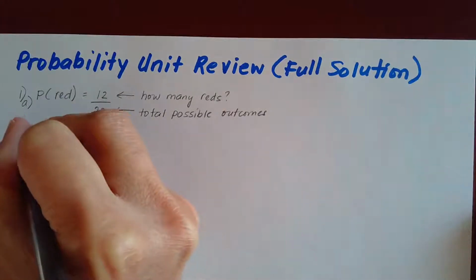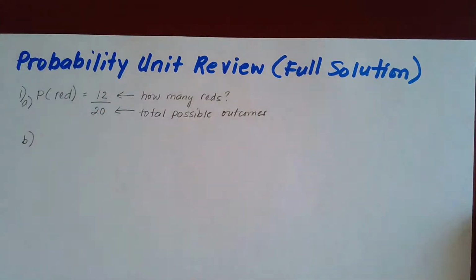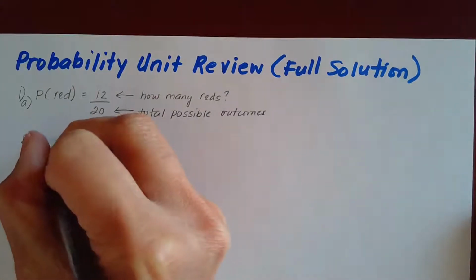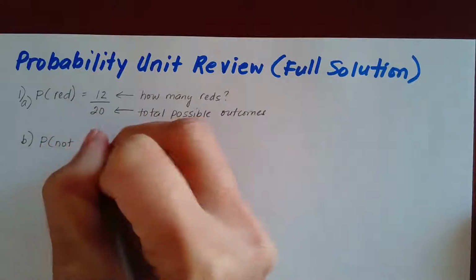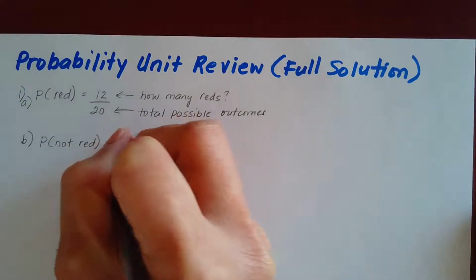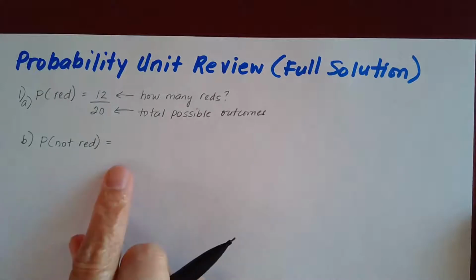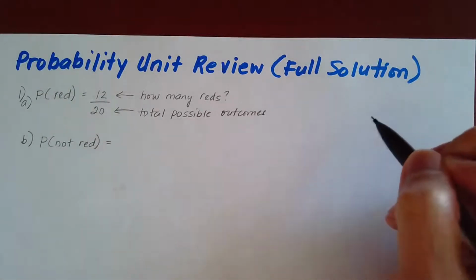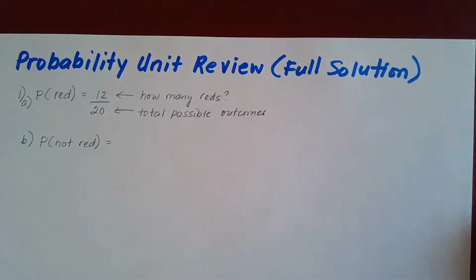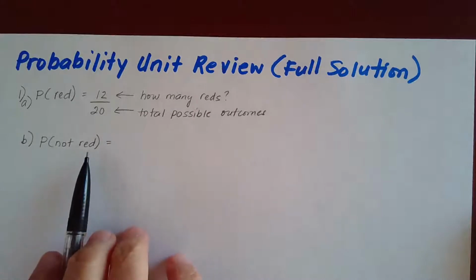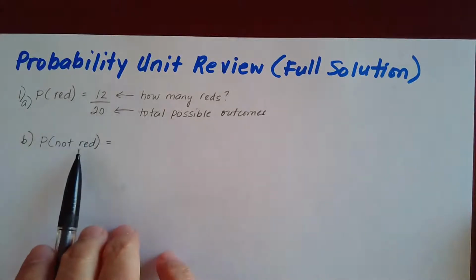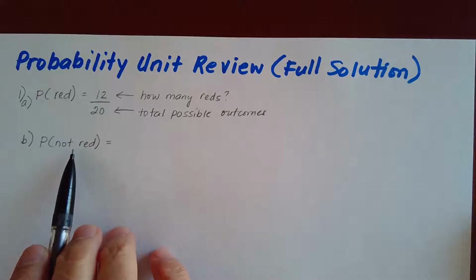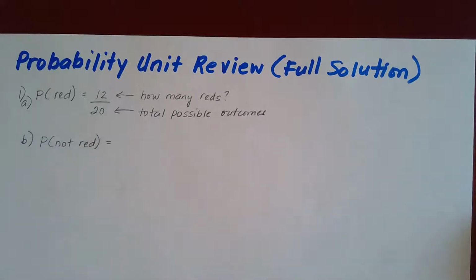Now let's take a look at letter B. It says, what's the probability that it's not red? Remember, in a big jar full of jelly beans, 12 are red, and how many are not red? So this is going to be the complement of red.